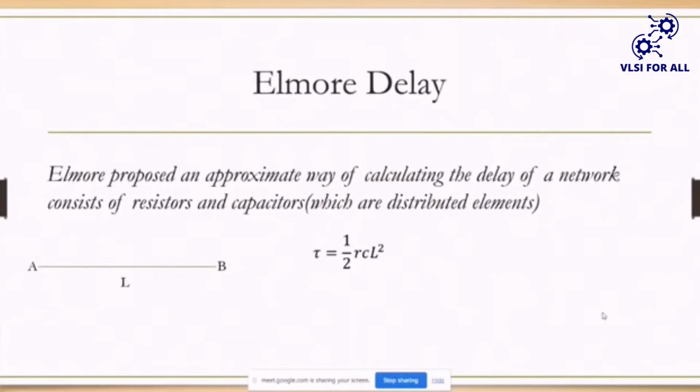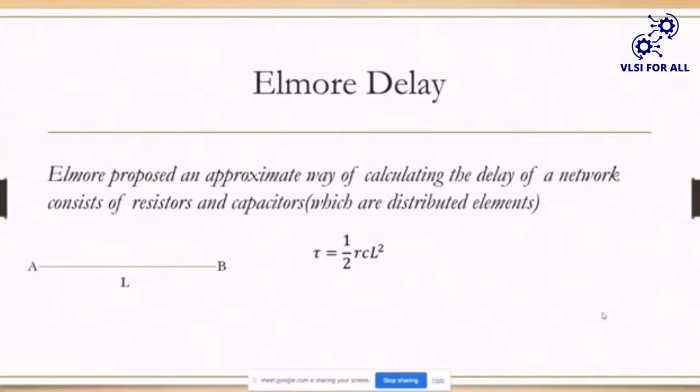So here, do you want to reduce the net delay? As I said, in our design, if you want to optimize the delay, as it is directly proportional to the square of the length, why don't you split the length? Why don't you divide it by inserting one dummy buffer?